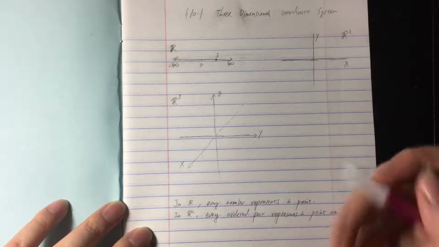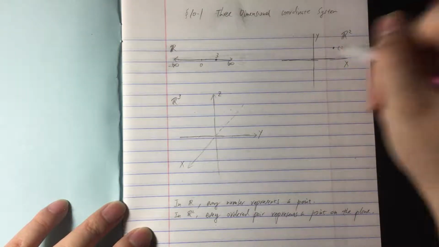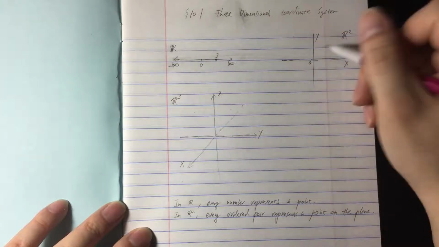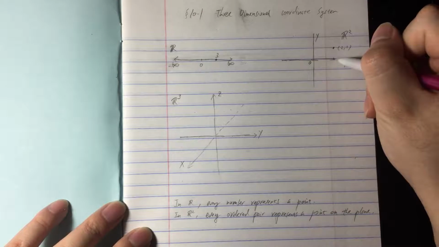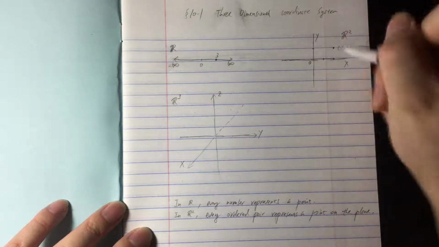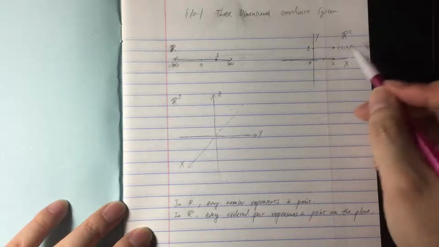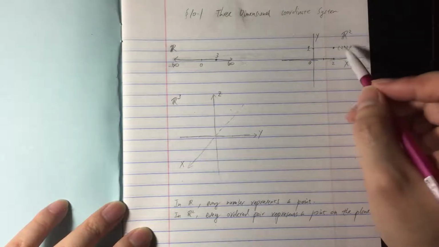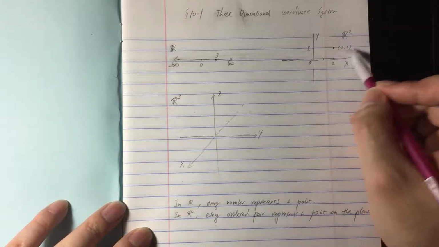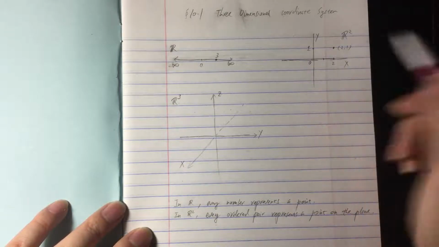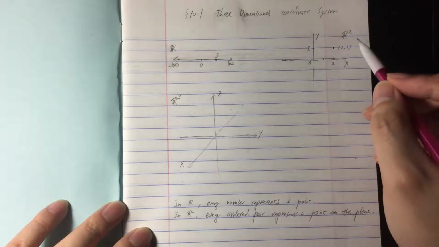Ordered pair means a pair of numbers, for example, 2, 1. Ordered means the order matters. 2, 1 and 1, 2 are different, they are not the same. So in R2, every ordered pair represents a point on the plane.